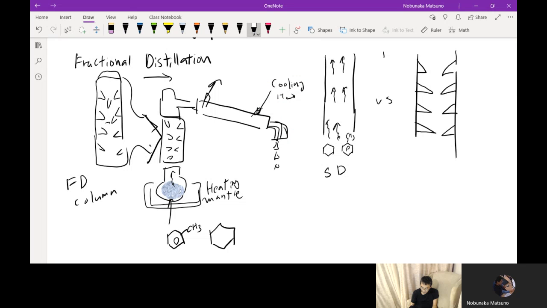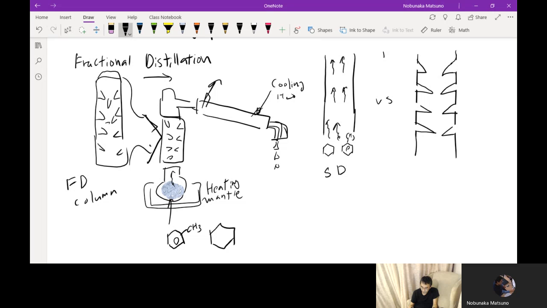So if you look at it, it looks something like this. It's sort of like a glass column, and the outside wall is pushed inward. So basically, it would look something like this.